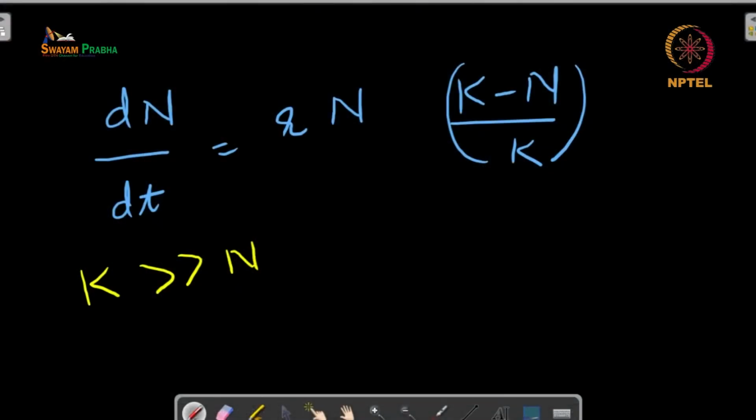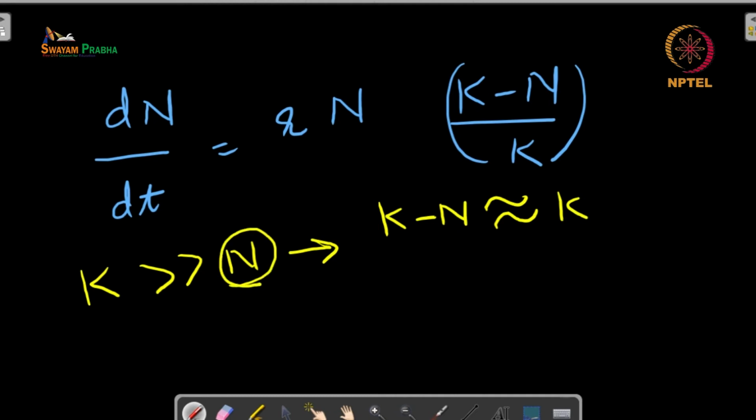In such a scenario, we will have K minus N approximately equal to K, because N is very small. So (K minus N) by K is approximately equal to K by K, which is 1.